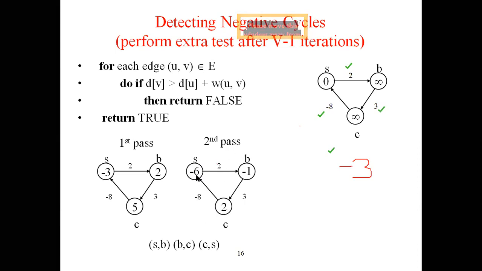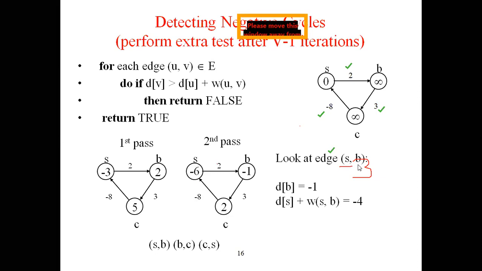Compare minus 3 and minus 6. The minimum value is minus 6, so you write minus 6 here. So 2 passes are completed.